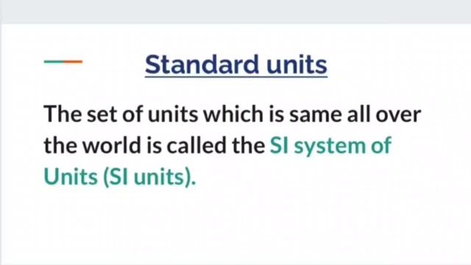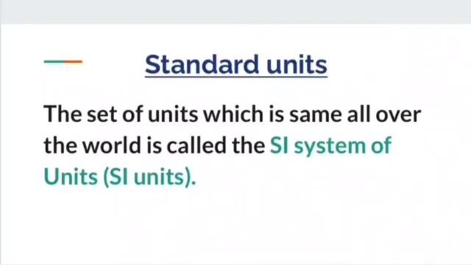So what are standard units? The set of units which is same all over the world is called the SI system of units or SI units. Okay, means these units are same all over the world.